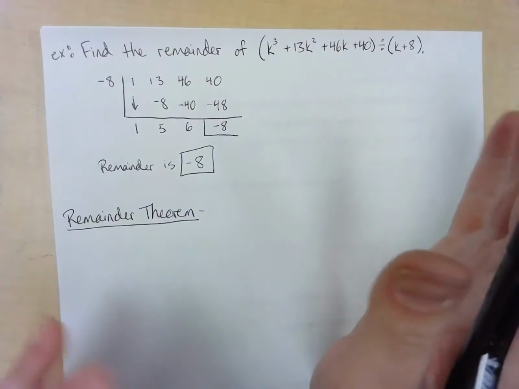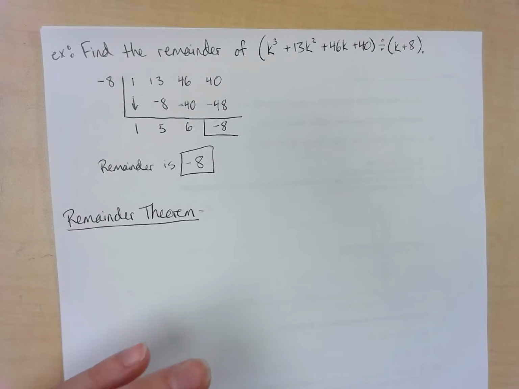Okay, I'm going to write this in math terms. It makes a lot of sense to me, but it might not make a lot of sense to you, but don't worry, I will translate for you.